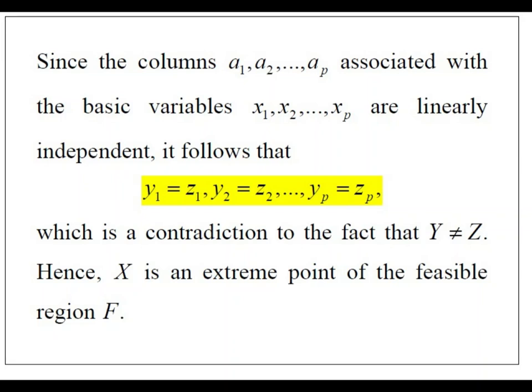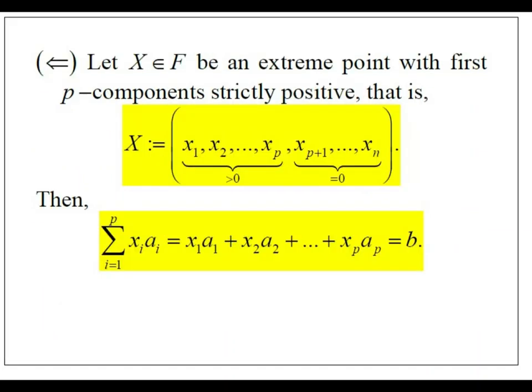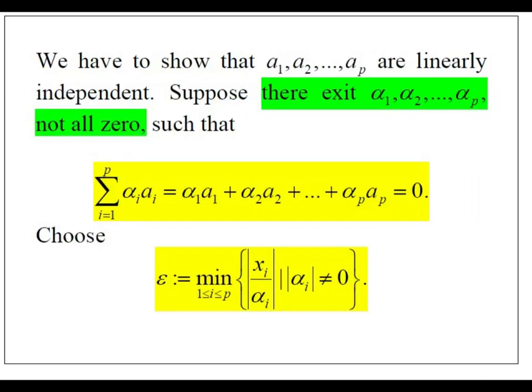For the other part of the proof, let X be an extreme point with first p components strictly positive and remaining n minus p components equal to 0. Then summation xi ai is equal to b. We have to show that A1, A2 to Ap are linearly independent.